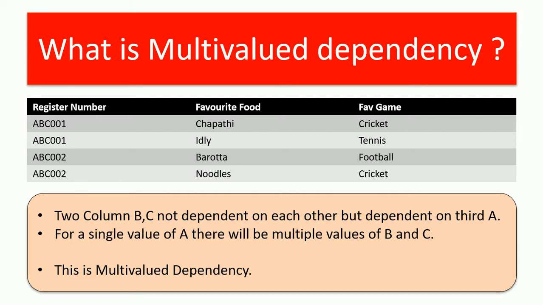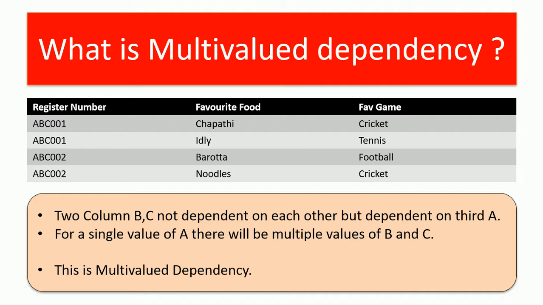So student ABC001 likes chapati and cricket, but maybe some other student will have chapati and tennis as his favorite game, or chapati and football as his favorite game. So it is true that the second column and third column are independent of each other. So this is the actual scenario where multi-value dependency is expected to arise.